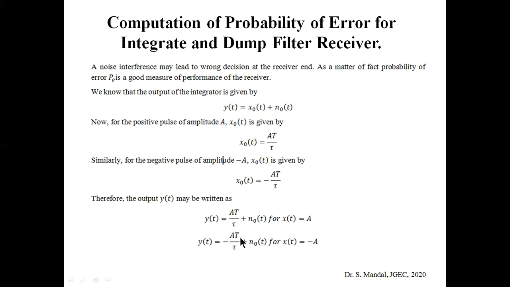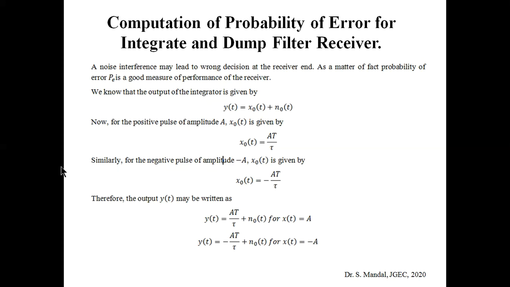If this happens, that means the amplitude of the noise is greater than AT by tau, then the polarity of y(t) becomes positive. So there is always a chance of detecting the received signal as a positive signal. That means the output decision will be that x(t) is positive, which is quite erroneous.